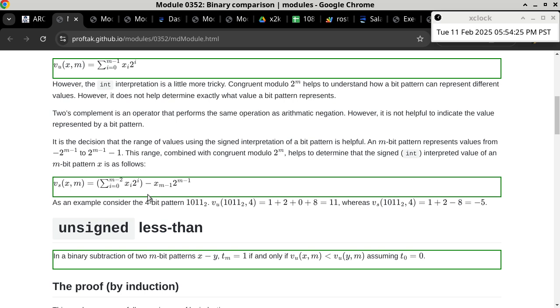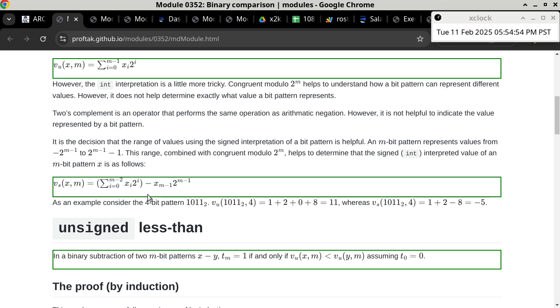So yeah, the most significant bit, which is x subscript m minus 1 times the power of 2 corresponding to that digit, which is 2 to the power of m minus 1, is the only quantity that we are subtracting from the rest. So now the question is, can the sigma notation ever add up to the point that is greater than 2 to the power of m minus 1?